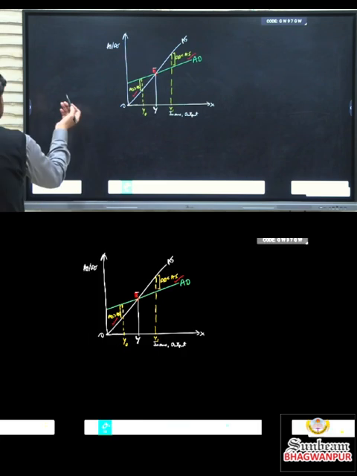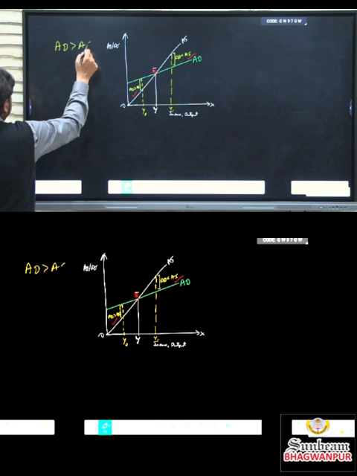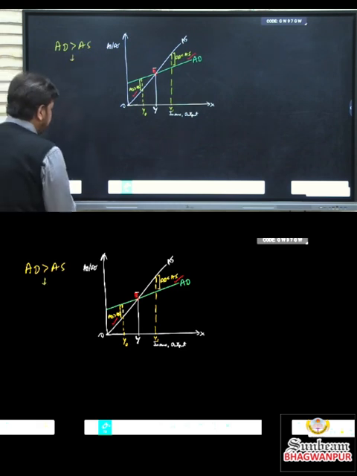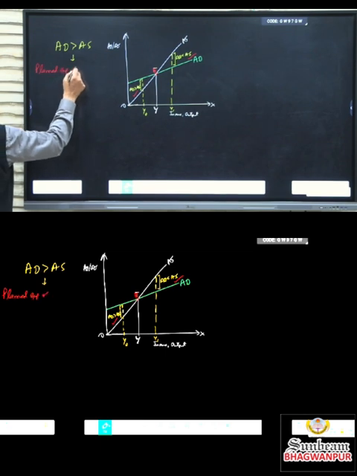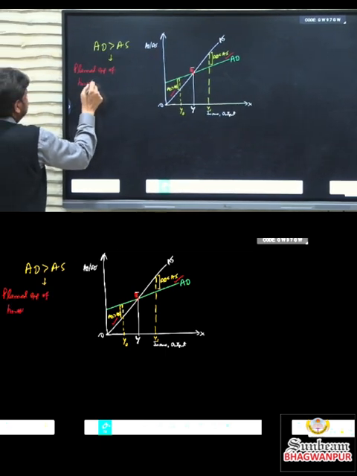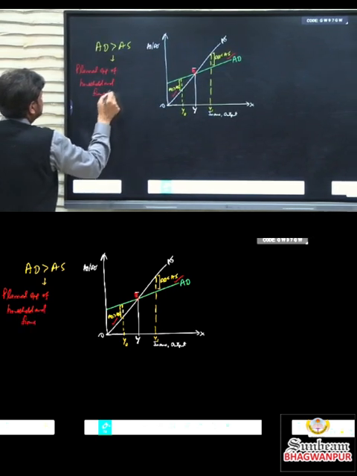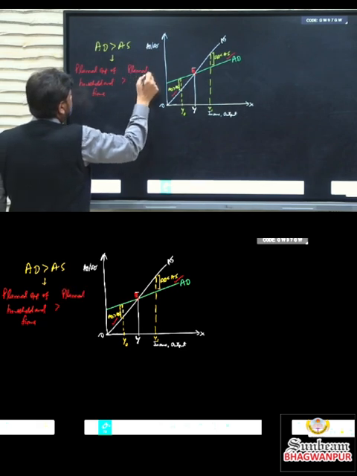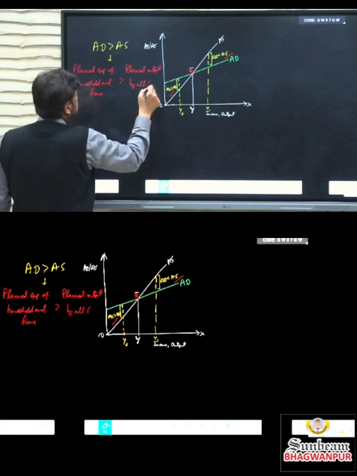Suppose aggregate demand is more than aggregate supply. First, what does it mean? It is showing that the planned expenditure of households and firms is more than the planned output by all firms.